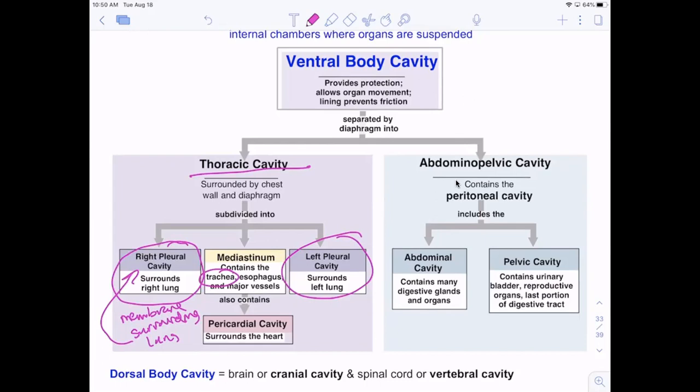These are the major vessels. So it's the stuff in the middle. So the mediastinum is a fancy word for stuff in between lungs or pleural cavities. Okay, so that's mediastinum. Pericardial cavity are the membranes surrounding the heart.